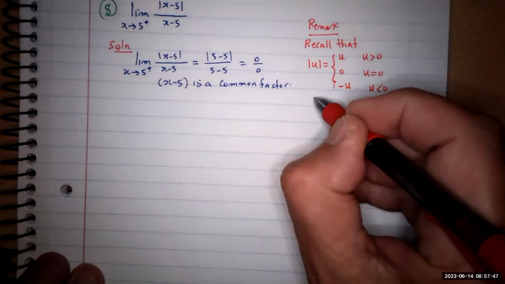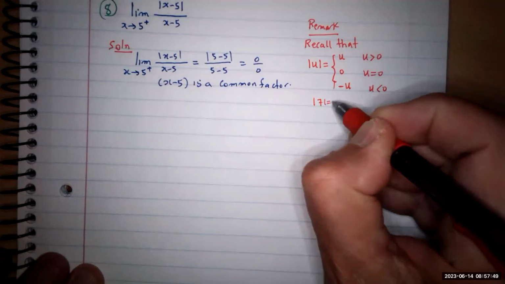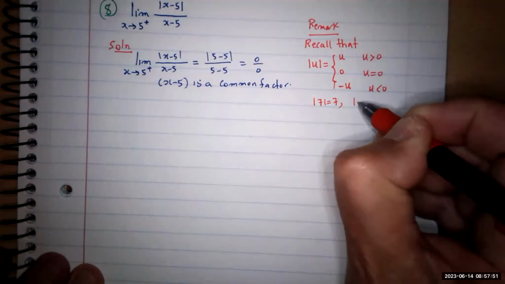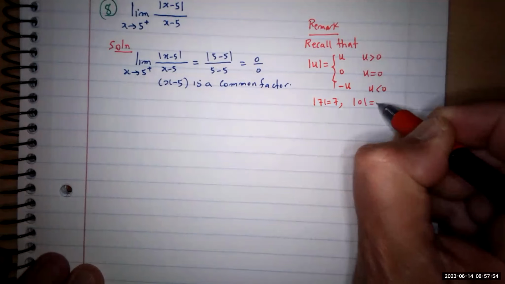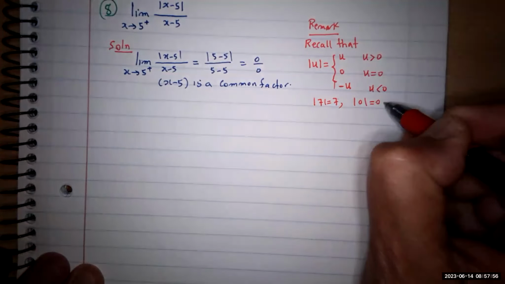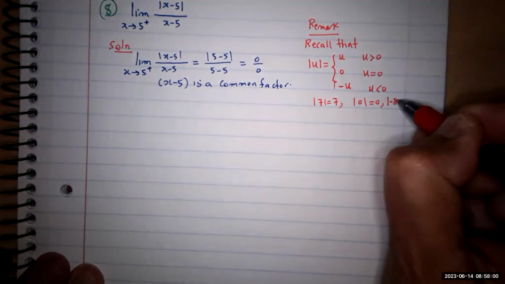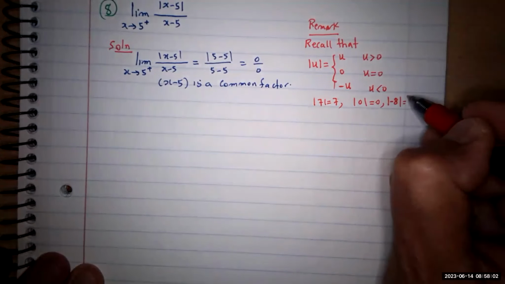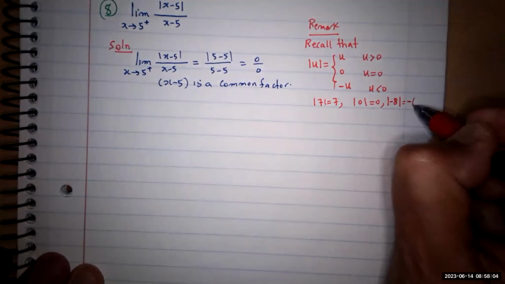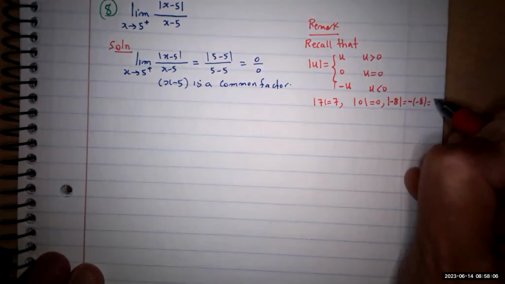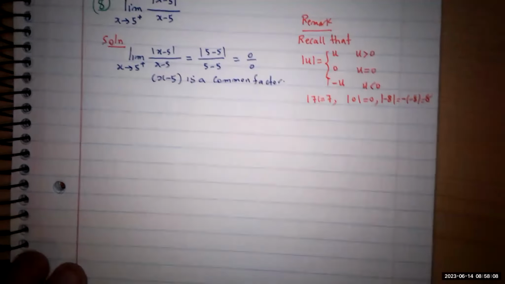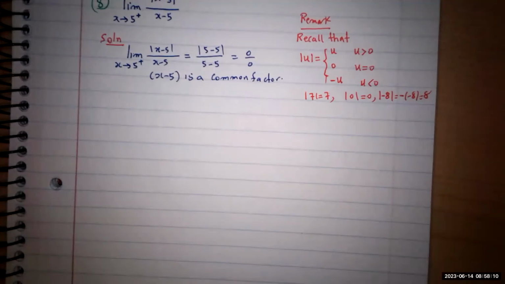You know that the absolute value of 7, for example, is 7. The absolute value of 0 is 0. But if you want to find the absolute value of negative 8, it's going to be the opposite of negative 8. The opposite of negative 8 gives you 8. That's how we handle the absolute value.